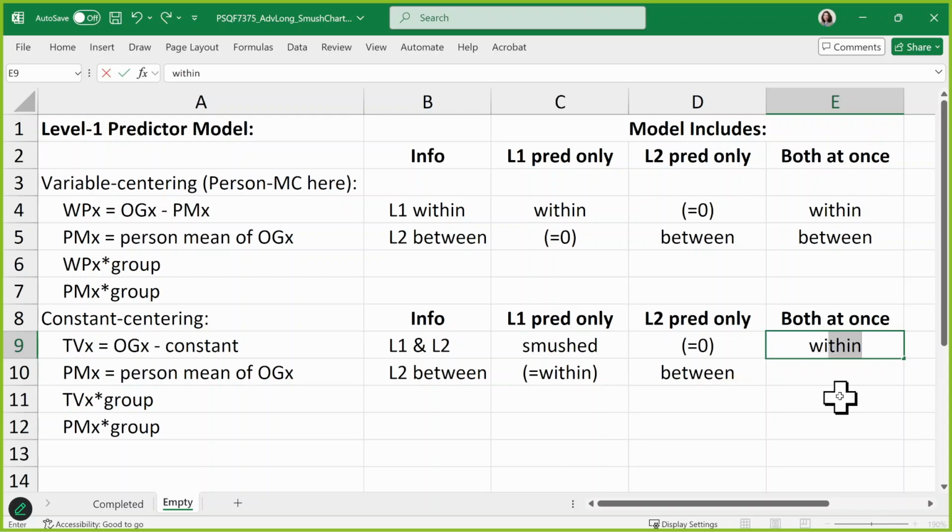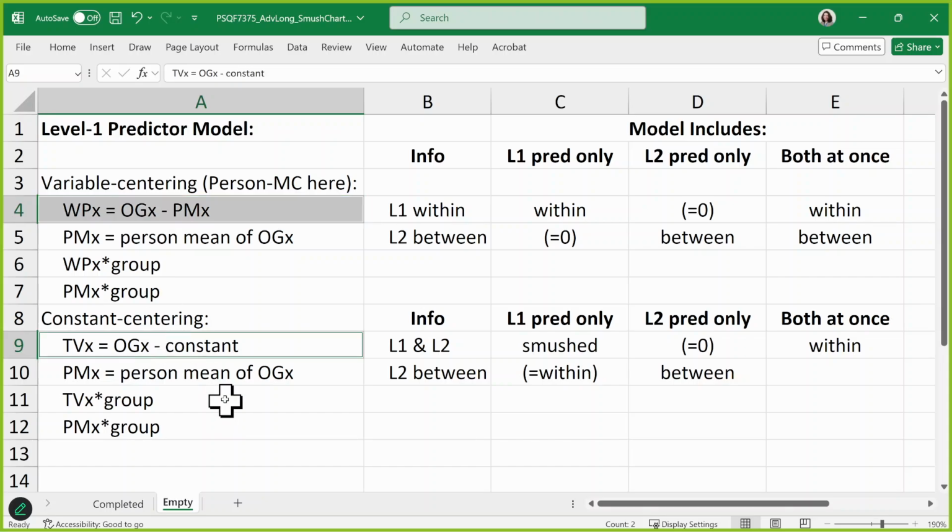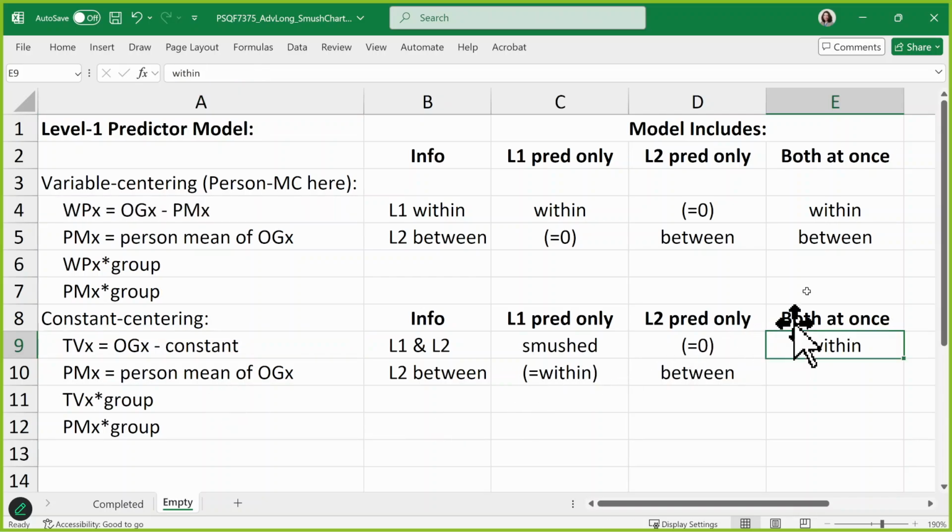So this switches to become the within effect, not because we set up the variables that way, but because the model is partialing, can't ever say that word correctly, controlling for the level 2 thing. So even though the variable that we started with contains different information, once we've controlled for the level 2 mean, that variable then becomes the within effect either way. Different variable, same result.